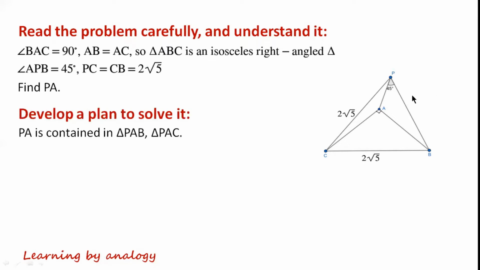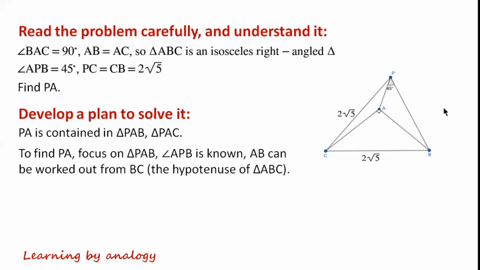PA is contained in triangle PAB and triangle PAC. To find PA, focus on triangle PAB. Angle APB is known. AB can be worked out from BC, the hypotenuse of triangle ABC.